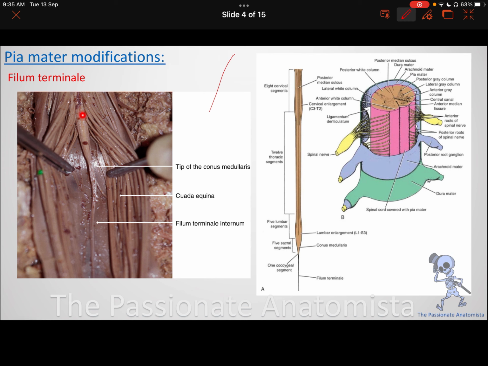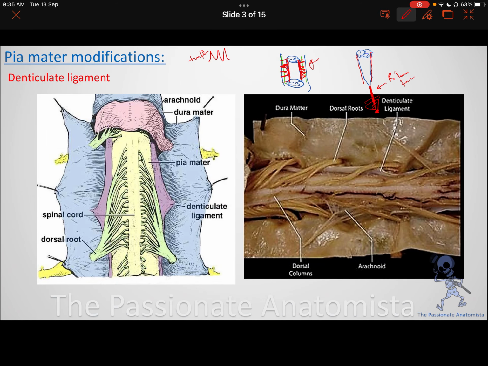It's just intimately attached to it. All right. And that's regarding the spinal cord and the filum terminalis. And if we get back to the denticulate ligament and you look at the spinal cord throughout its length, you're going to see something whitish in appearance, and it looks like what?